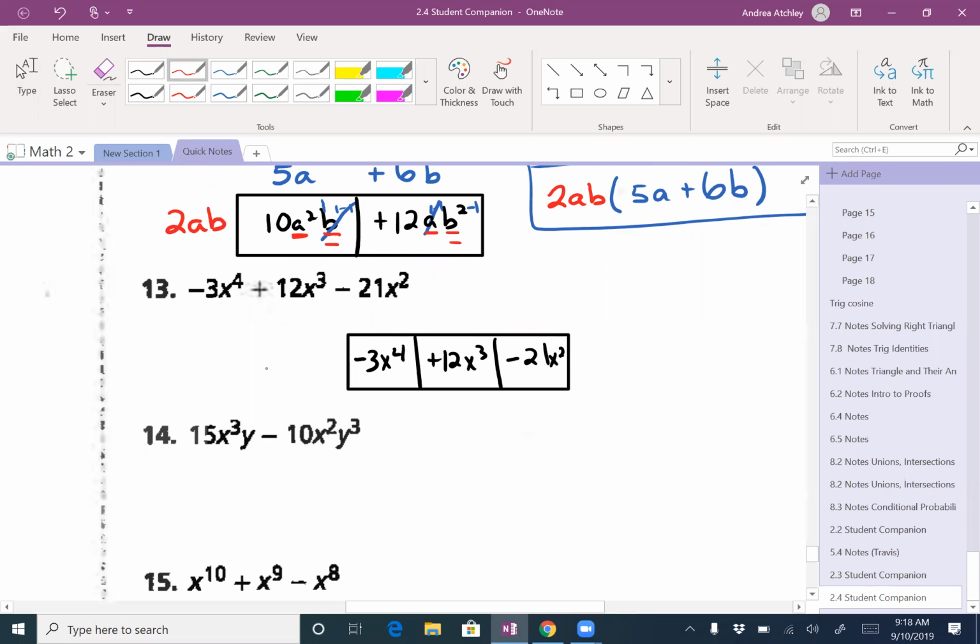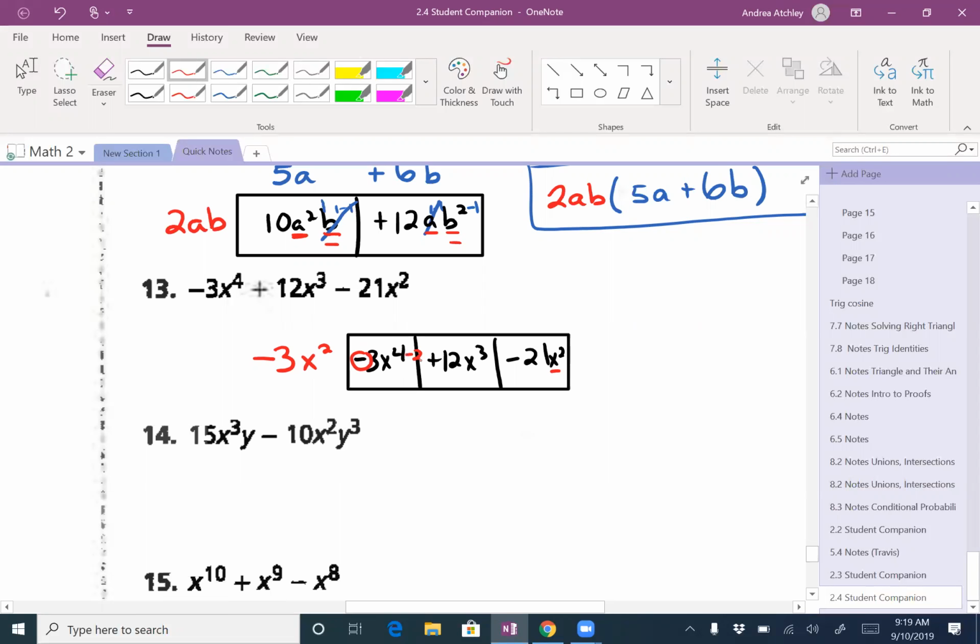Okay, the first term is negative, so we have to pull out a negative 3 for our GCF. Then my smallest x's are x squared, so I can pull out x squared. We're still struggling with how many variables to pull out. Okay, so make sure we're doing that.